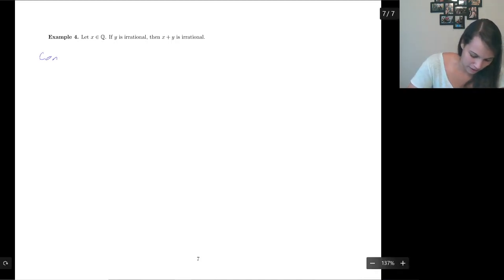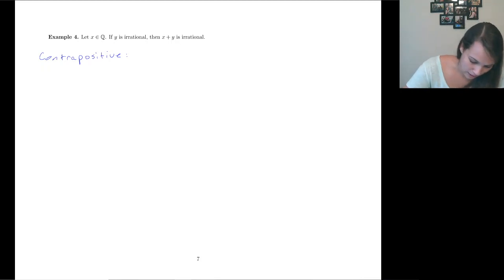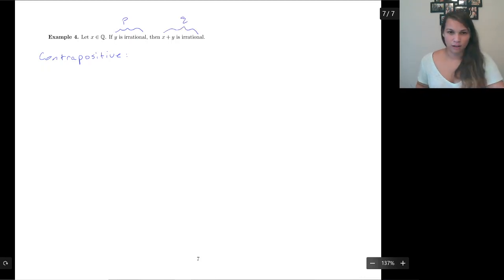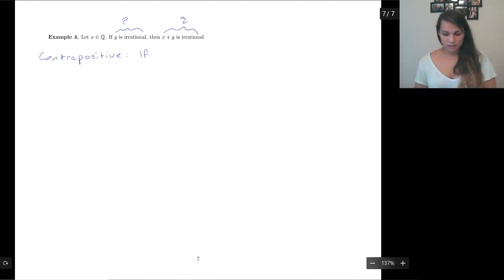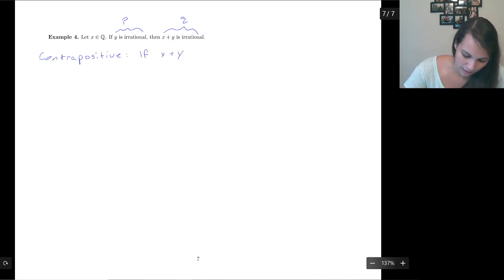Let's look at the contrapositive statement. So let's find P and Q. We say y is irrational. So if P, then Q. So if not Q: x plus y is irrational. If we negate that, that's going to be x plus y is rational.